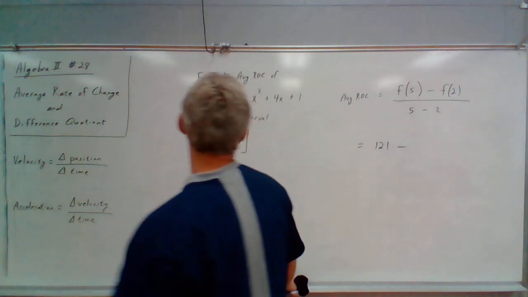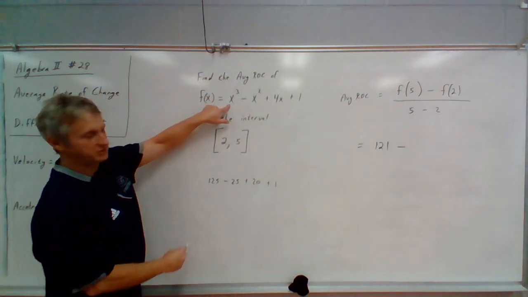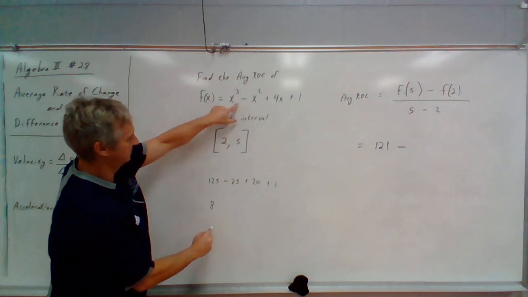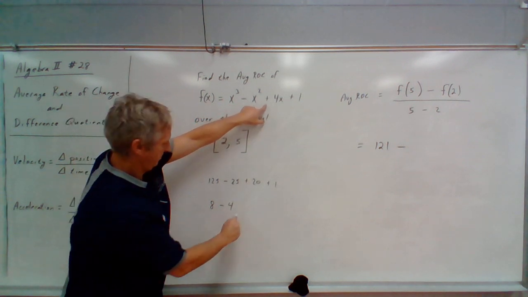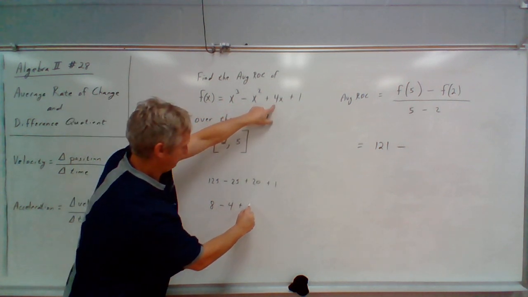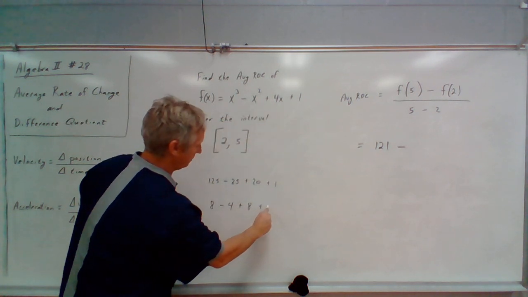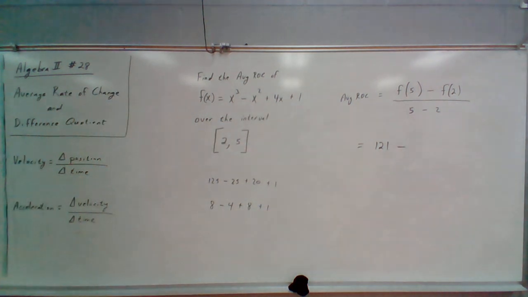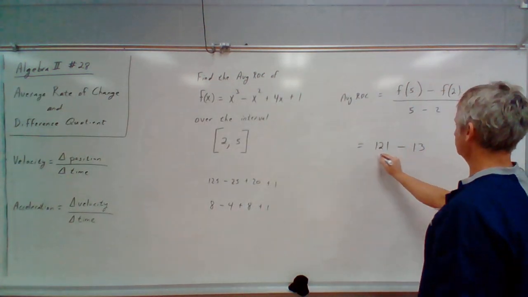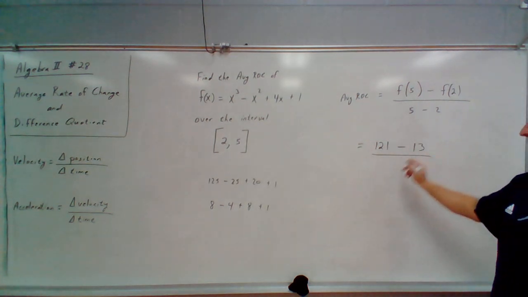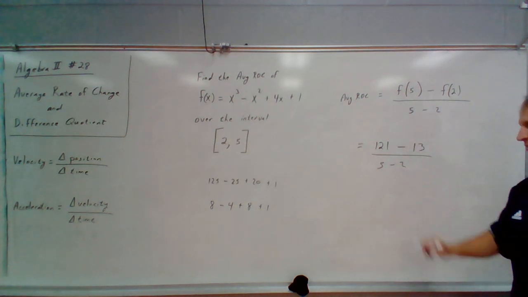So let's put 2 into the function. 2 to the third is 8 minus 2 squared is 4 plus 4 times 2 is 8 plus 1. So 8 minus 4 is 4, 4 plus 8 is 12, 12 plus 1 is 13.